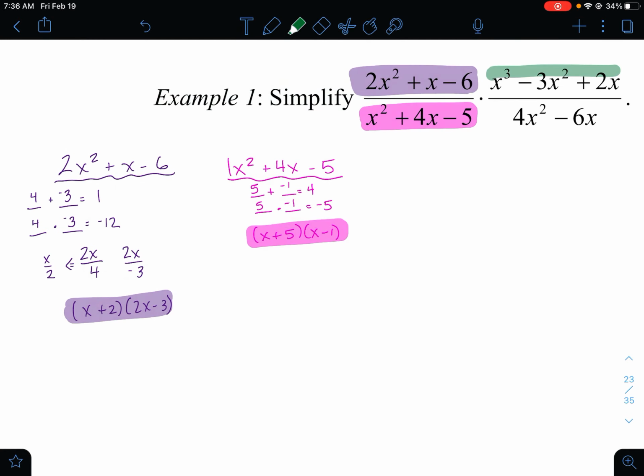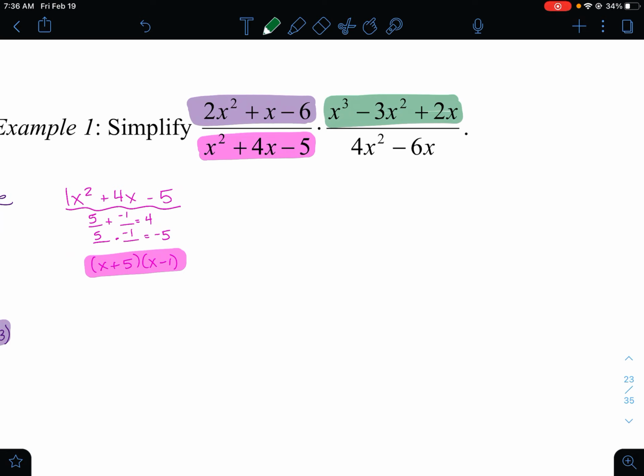Now the numerator of our second fraction. This one is x cubed minus 3x squared plus 2x. The first thing I see is I can factor out an x. Then I'm left with x squared minus 3x plus 2.